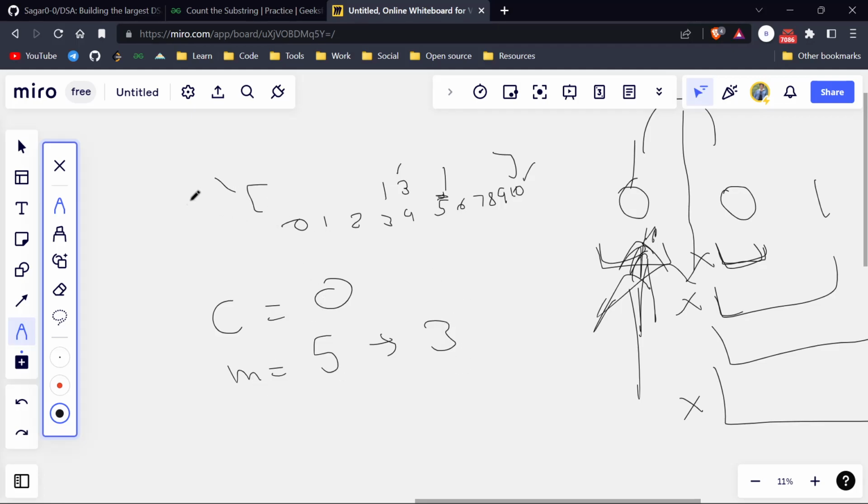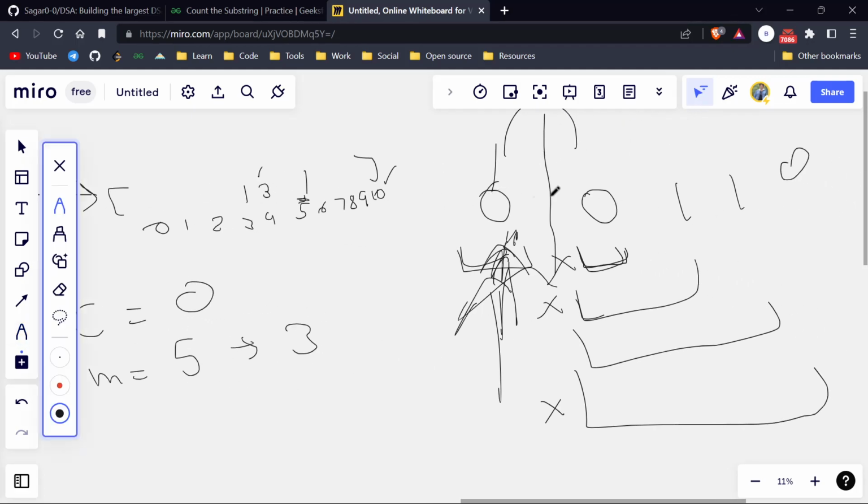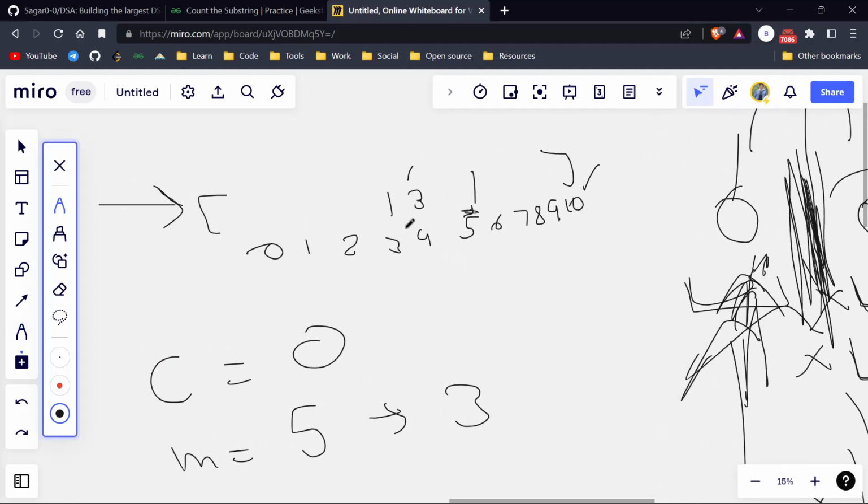First of all, in this dp, what we are storing is the number of substrings that are starting from any point, and that are starting from this point and have more number of zeros, substrings with more number of zeros. So there are these 5 values, that means there will be 5 substrings.